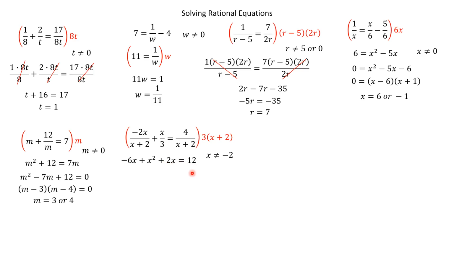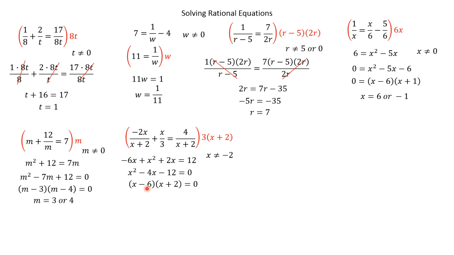It's quadratic again, so we can move the 12 over, combine our like terms to get x squared minus 4x minus 12 equals 0, and then factor. What times what equals negative 12 that adds to give us negative 4? Negative 6 and 2. So x minus 6, x plus 2 equals 0.